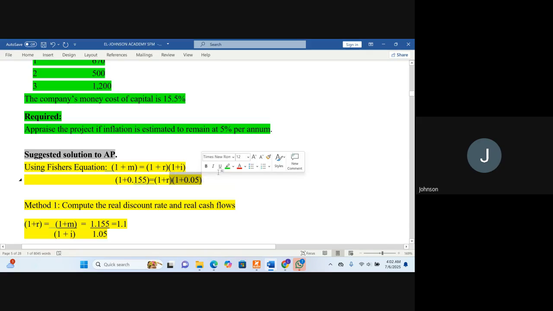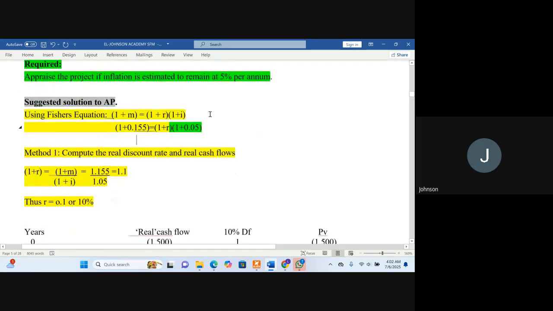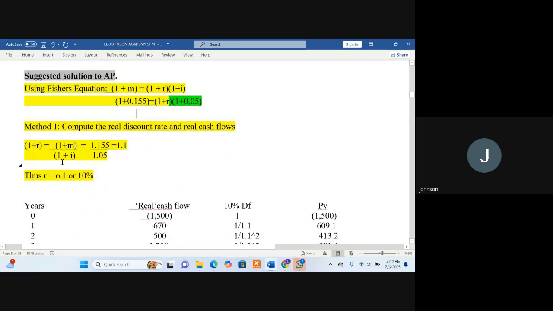You collect like terms. Once you have done that, you are going to get 1.155 over 1.05, as we have it here, equal to 1 plus R.